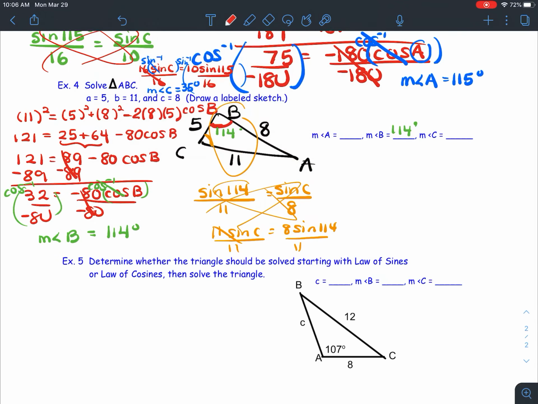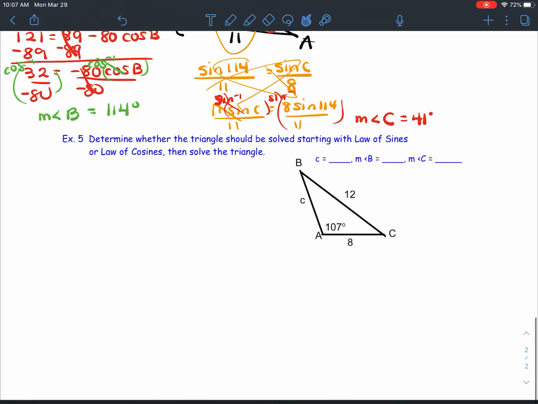Okay, now we're going to do the inverse sine again, and you would be typing in inverse sine, 8 sine 114 divided by 11. That gives you the measurement of angle C to be 41 degrees. If we add those two angles up and subtract off of 180, it looks like that's going to leave us with 25 degrees for angle A.